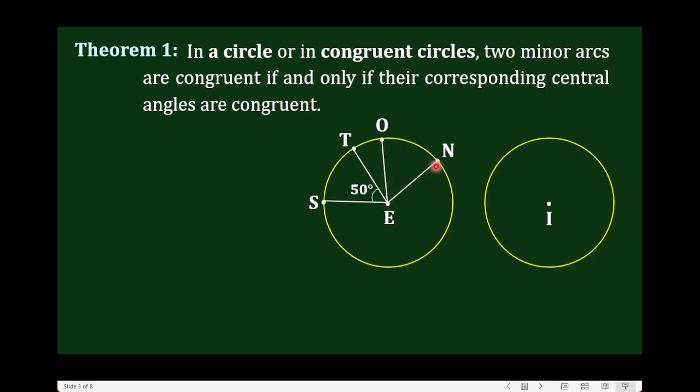Suppose the measure of this angle is also 50 degrees. Therefore, its intercepted arc ON is also 50 degrees.